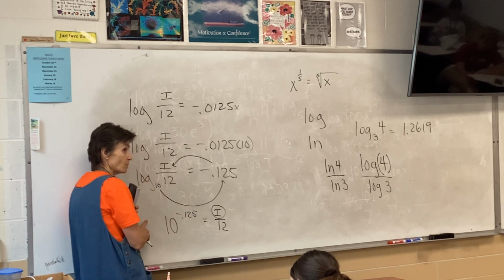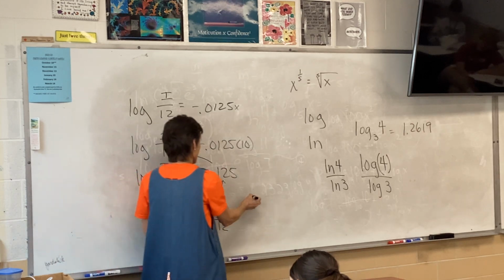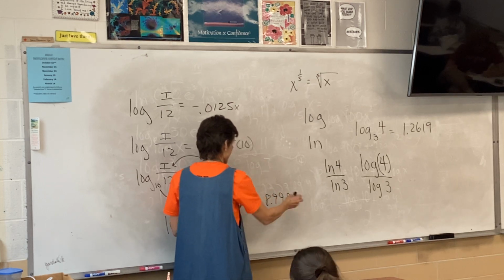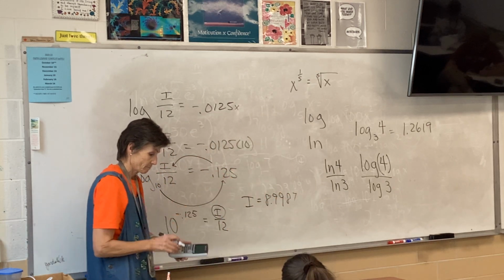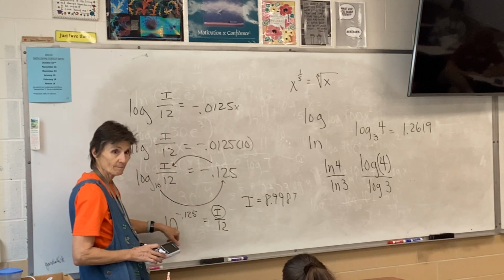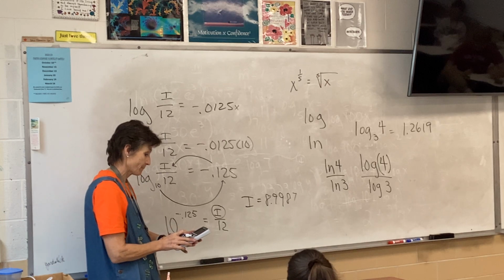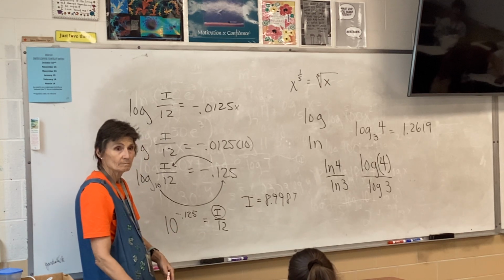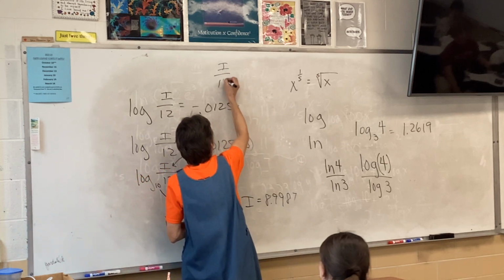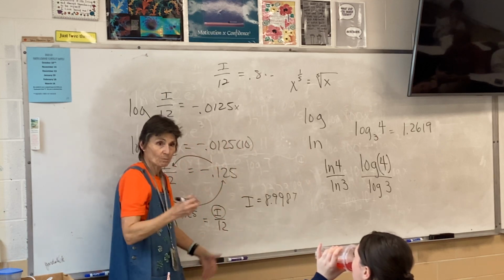Multiply by 12. So times 12, and the answer to the problem is 8.9987. You're getting rid of the denominator. I over 12 equals 0.7498, so to solve for I, times by 12.